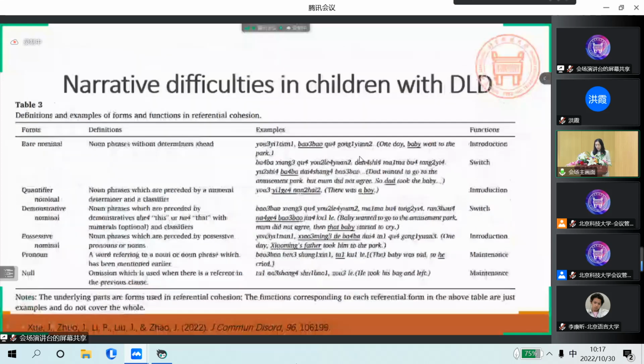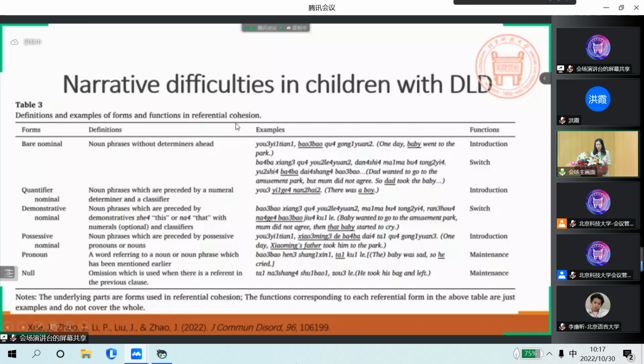And about the microstructure, it includes some measures of linguistic features, including lexical features and syntactic features. And this is also analyzed.